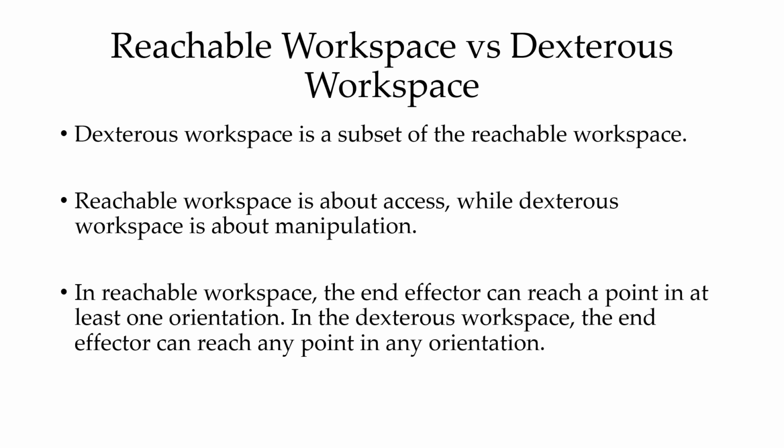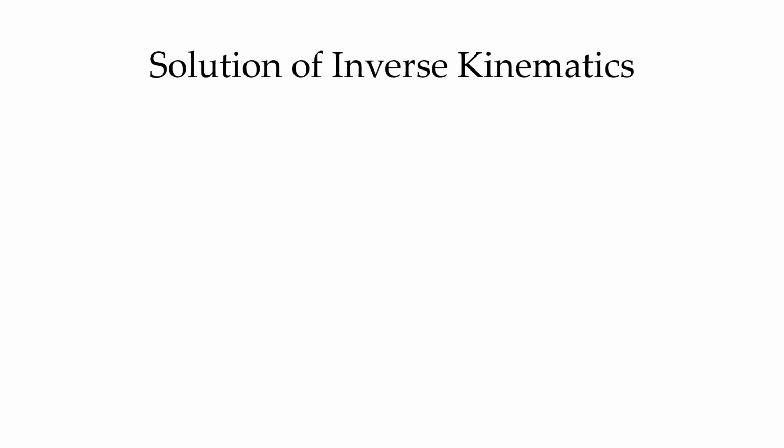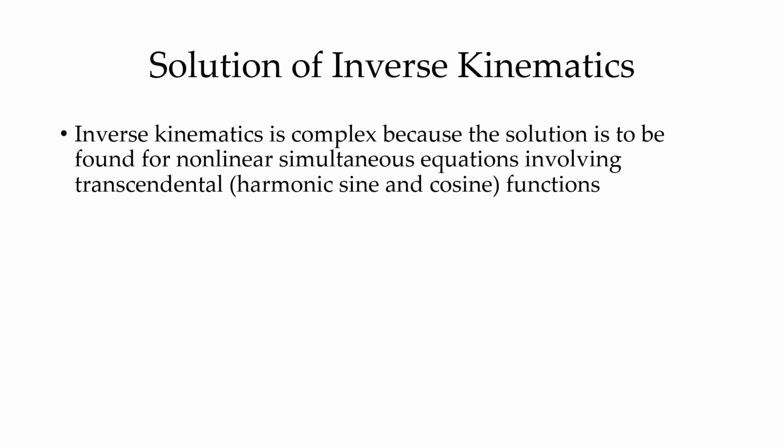Next, we will be looking at the solution of inverse kinematics. Inverse kinematics is complex because the solution is to be found for nonlinear simultaneous equations involving transcendental functions like sine and cosine.